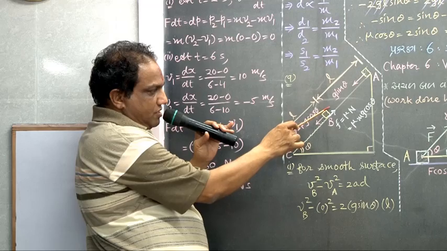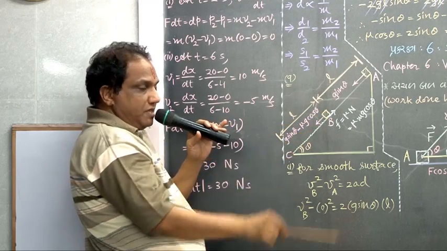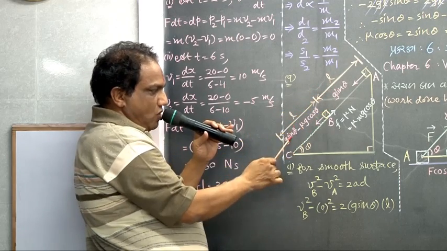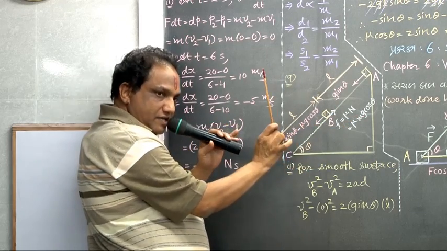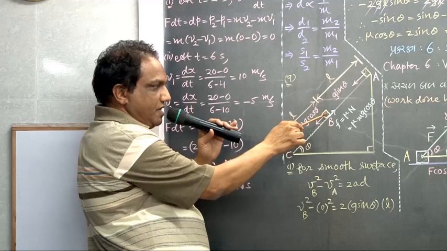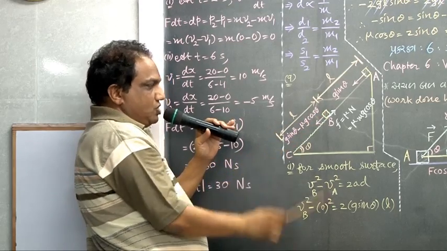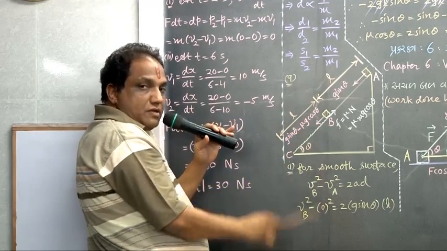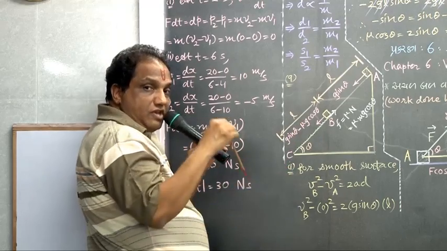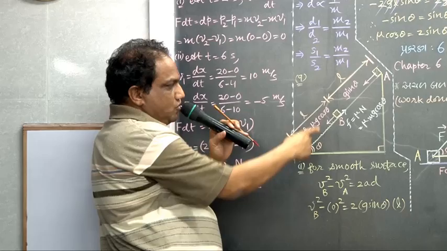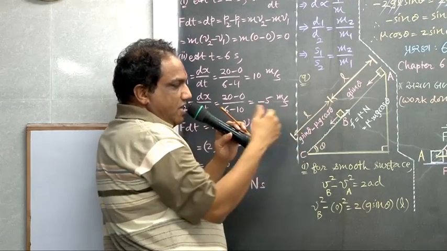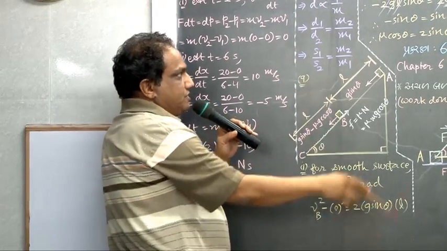Now this block is coming down, meaning thereby g sin theta must be more and mu g cos theta must be less. Then only the block can come downwards. So bigger minus smaller gives the resultant acceleration parallel to the surface of the slope. So now this becomes A dash.